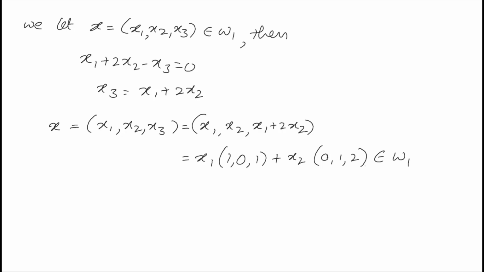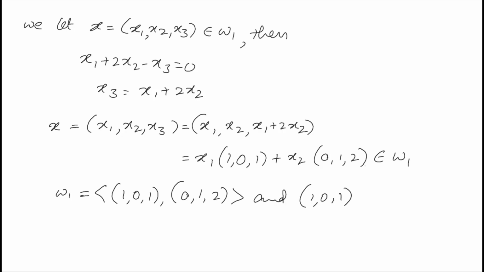So W1 is the subspace generated by the two vectors (1, 0, 1) and (0, 1, 2), and these two vectors are linearly independent, which we can check easily.